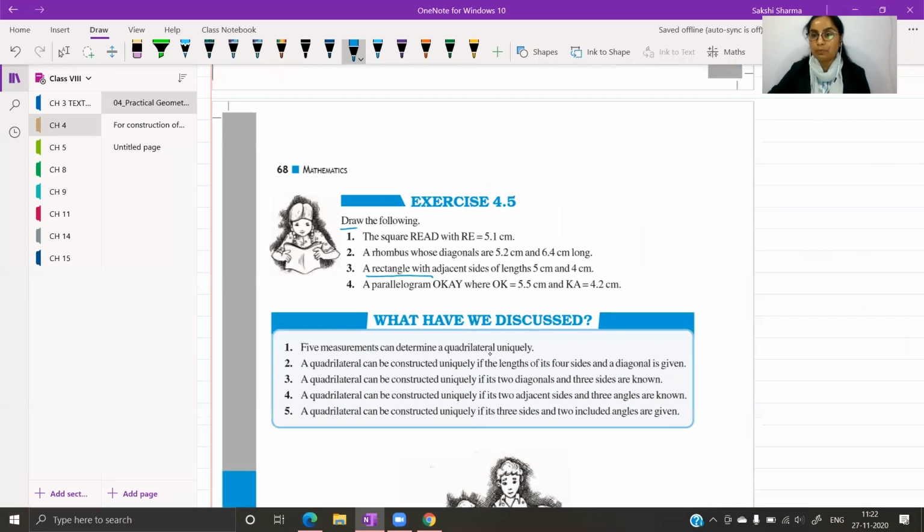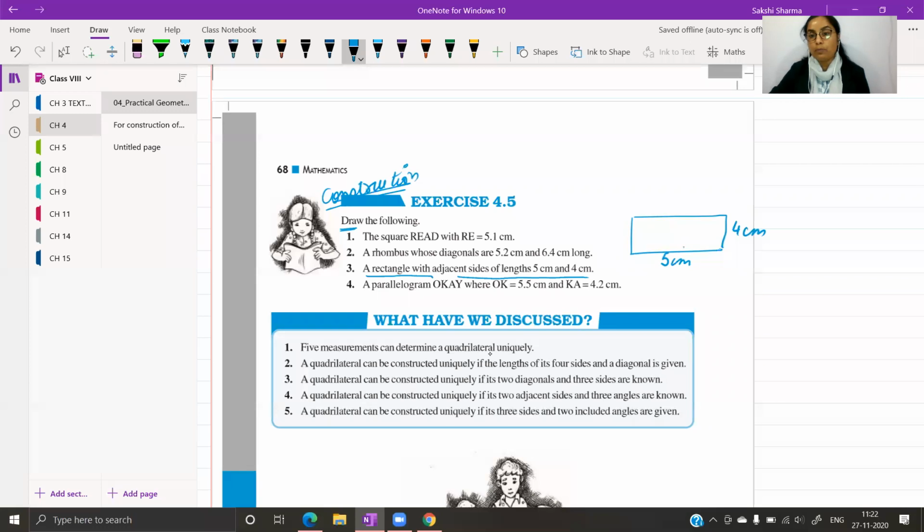Although this instruction is to draw, we are constructing. The chapter is based on construction. So you will be doing construction of a rectangle with adjacent sides as 5 and 4. That means you have to construct a rectangle in which the length is 5 centimeters and the width is 4 centimeters.